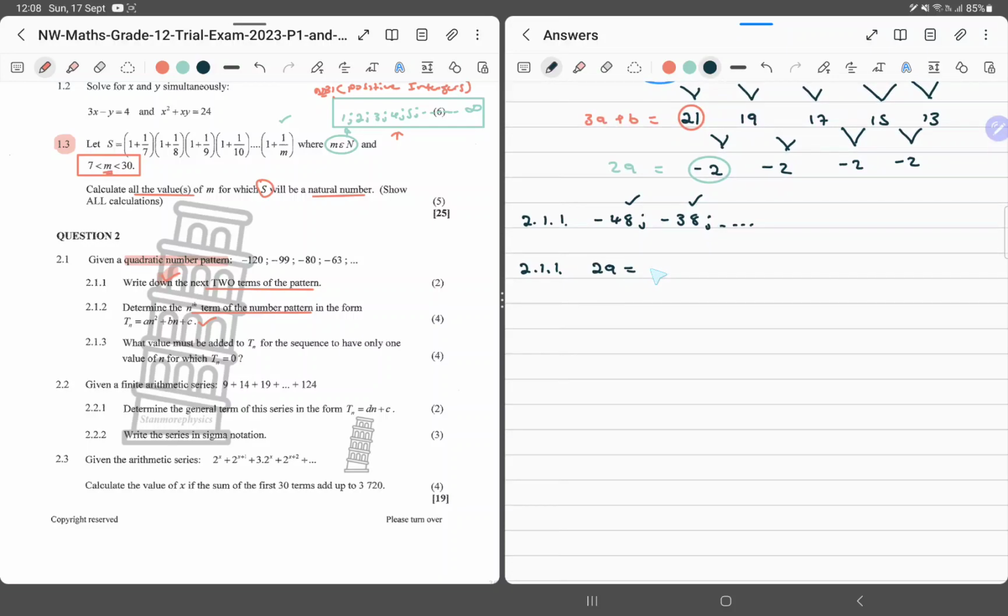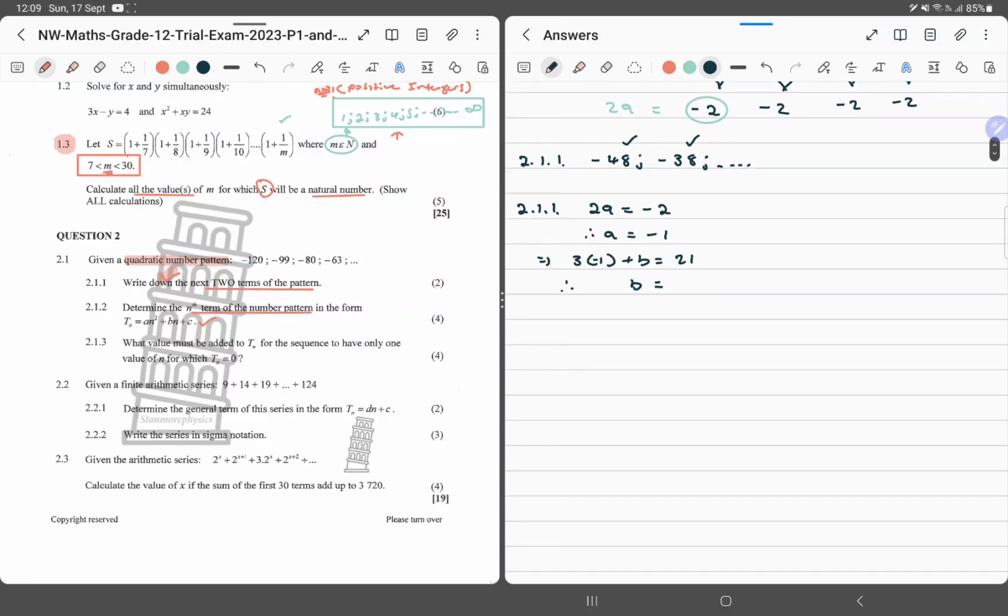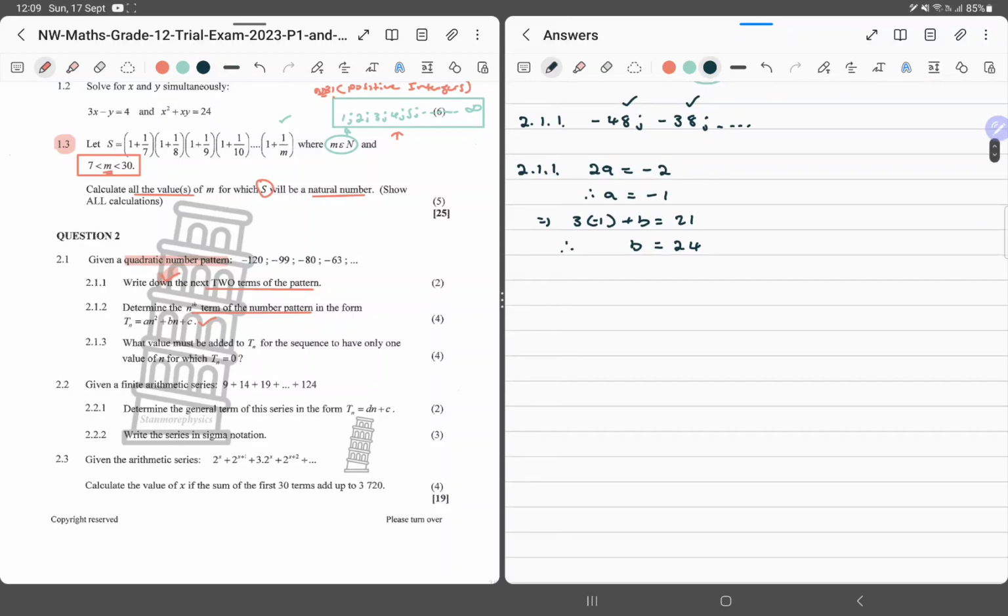So we know that 2a is going to be equal to minus 2. Therefore, a is minus 1. This implies that 3 into minus 1 plus b is going to be equal to 21. Therefore, b is going to be, this is now 21 plus 3, this is going to be 24. Which also implies that a, which is minus 1, plus 24, which is b, plus c is going to be equal to minus 120.